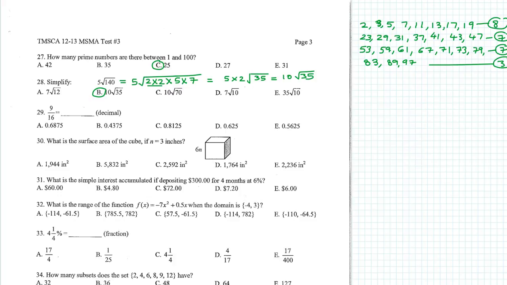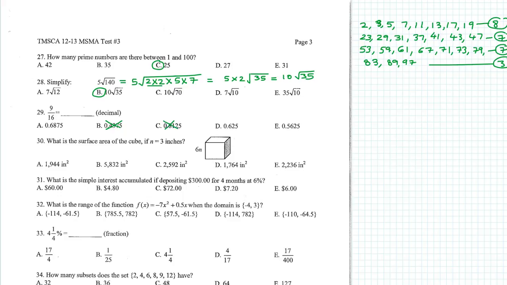So we can eliminate answer B because it is 0.4375. We can also eliminate answer C because this is 0.8125, and this is very close to the number 1. So we can eliminate this answer as well.